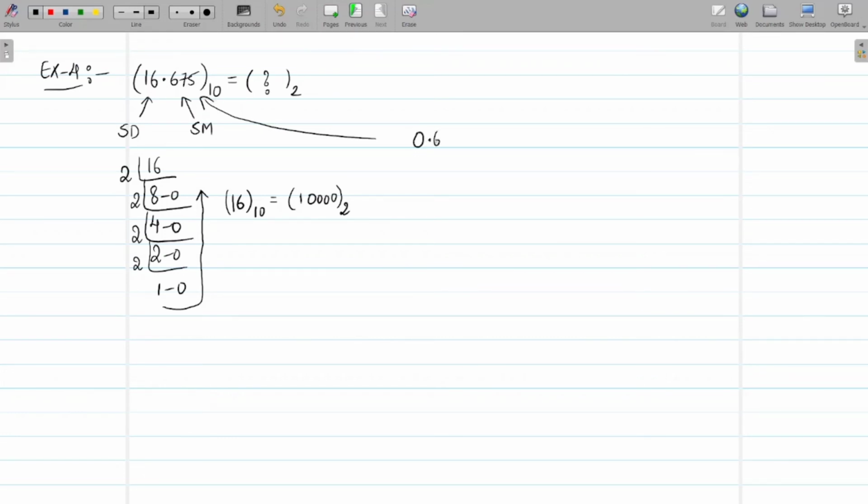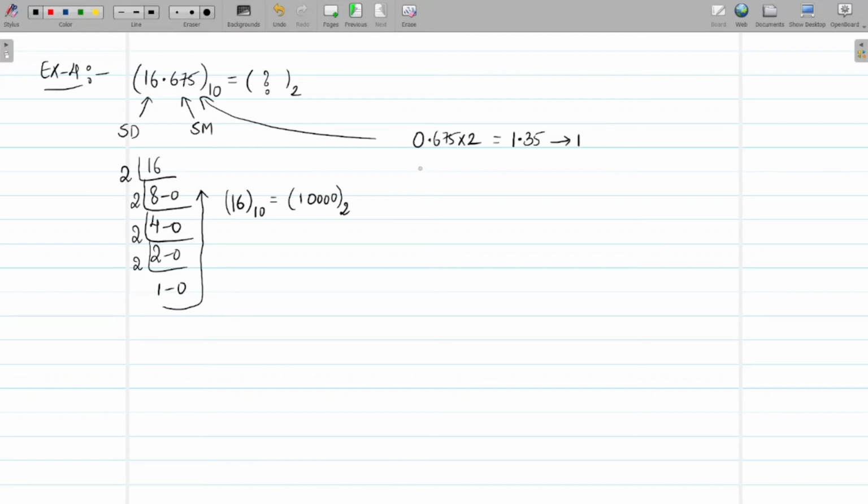Next, for the fractional part, you need to apply the successive multiplication method. It is 0.675 into 2, because the base into which we need to convert is 2, so you need to multiply with 2. What is 0.675 into 2? It is 1.35. Now what is the integral part? 1. So write the integral part separately.